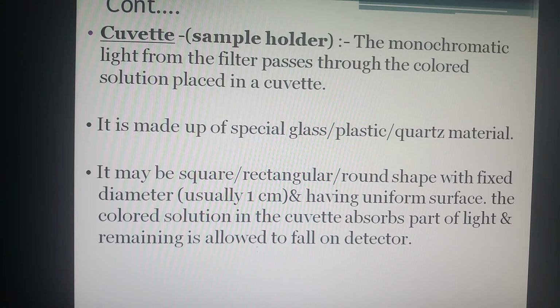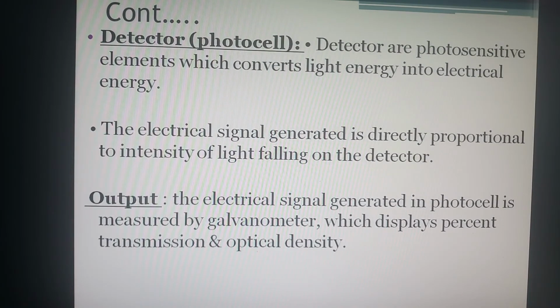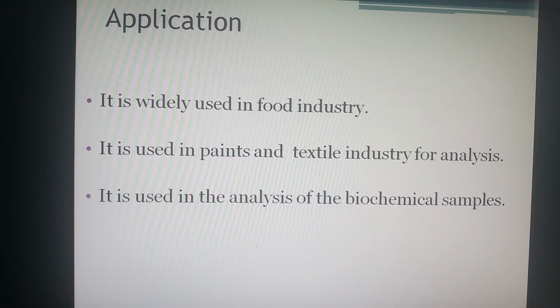Its shape may be square, rectangular or round, with a fixed path length, usually 1 centimeter, and a uniform surface. After that, the detector or photocell: the main function of the detector is to detect the intensity of the light, which is converted into an electrical signal, amplified by the amplifier and finally recorded as output.